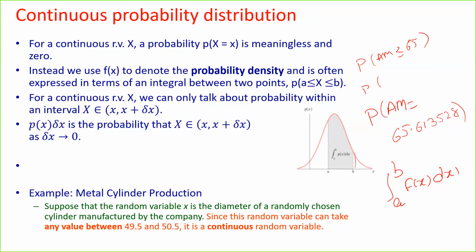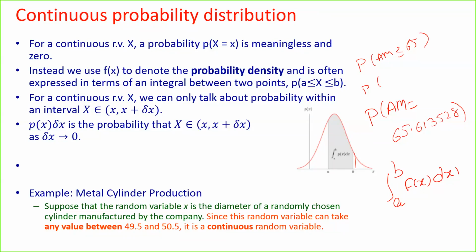Yes, sir. So let us take an example. There is a company which is producing metal cylinders, and the random variable indicates the diameter of the metal cylinder. The diameter value can be anywhere between 49.5 to 50.5. It is an example of a continuous random variable.